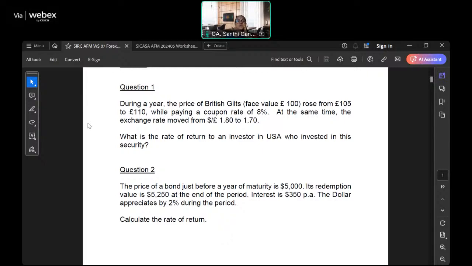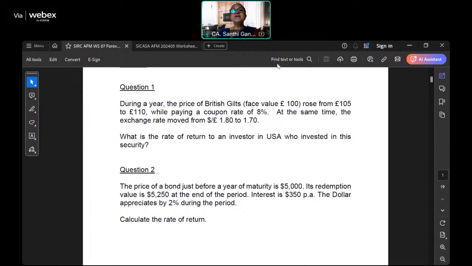So we need to look at from whose point of view we are doing this. Supposing it is from the point of view of the US investor, then the investment is also in dollars, the return is also in dollars. We can find the return to be 12%, as we saw just now, 600 by 5,000.